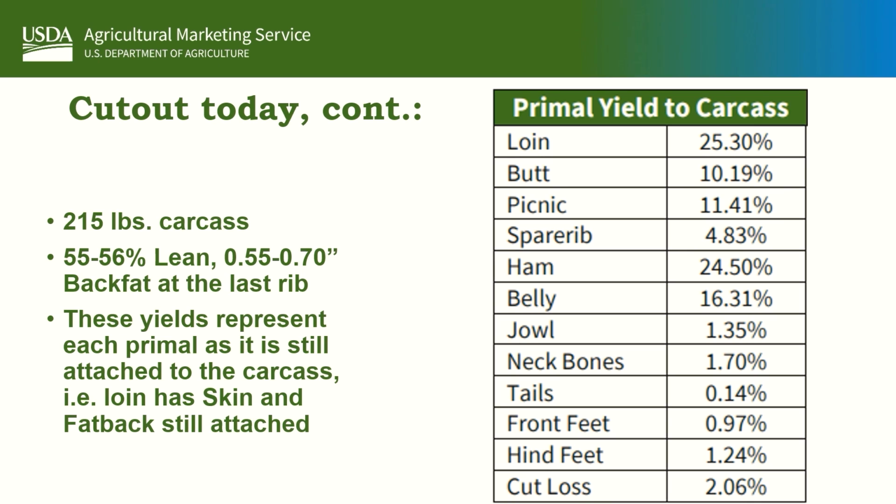A little history on how the cutout became so relevant in the hog industry. We had this out, like I said, in '98. About 2005, there was a company out here that decided they were going to start pricing hogs off the cutout instead of doing the Iowa, Minnesota. That was about the beginning of hogs being priced off the cutout, about '05, '06, someplace right in there.